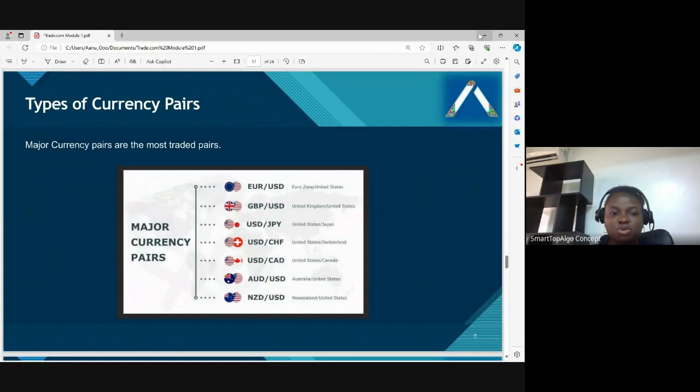The first one is called the major currency pair. One thing I want you to understand is that the major currency pairs are the most traded pairs. So as a trader, when you want to trade, you must always target the major currency pairs, especially for newbies.